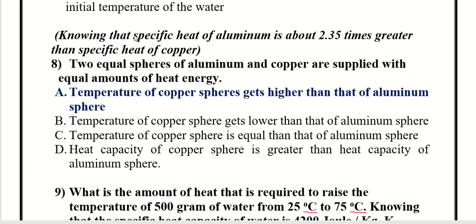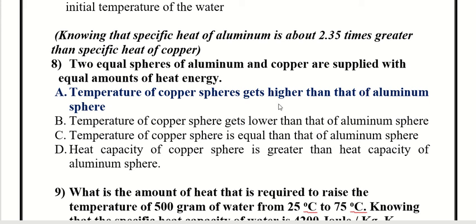Here let's guess which one is correct. Is the heat capacity of the copper sphere greater than that of the aluminum sphere? Here he mentions that they supply an equal amount of heat energy, so the heat must be the same. Is the temperature of copper equal to that of aluminum?